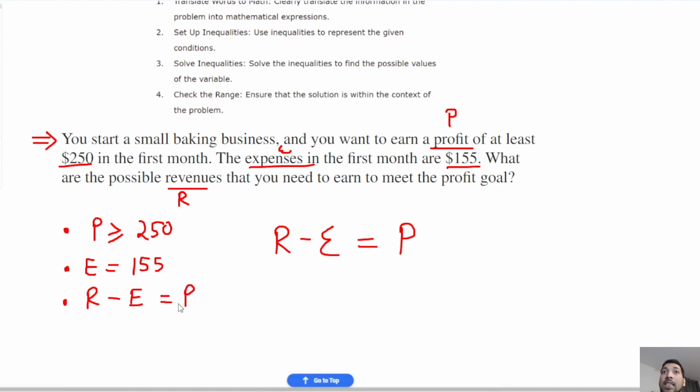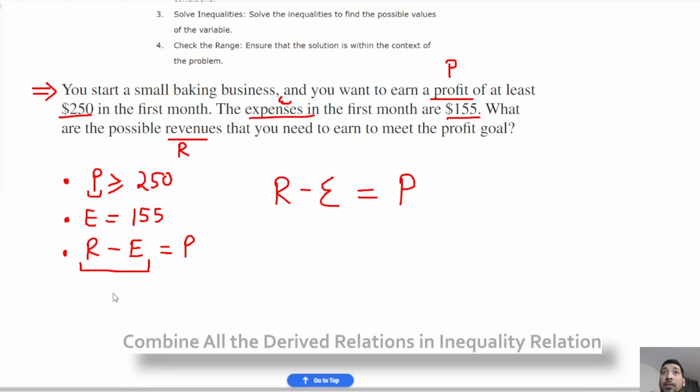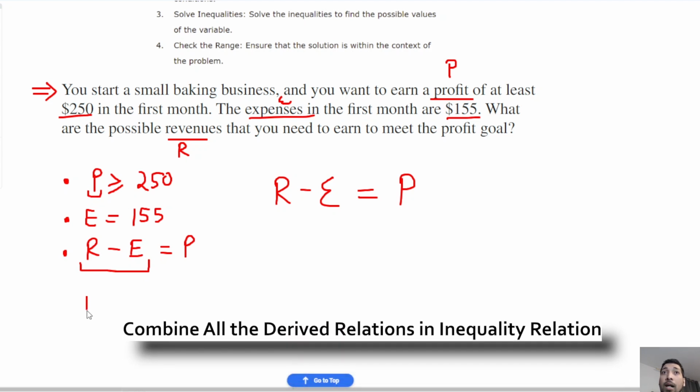Now I know that P is greater than or equal to 250, and P is also equal to R minus E. So I can replace P with R minus E and write R minus E greater than or equal to 250.